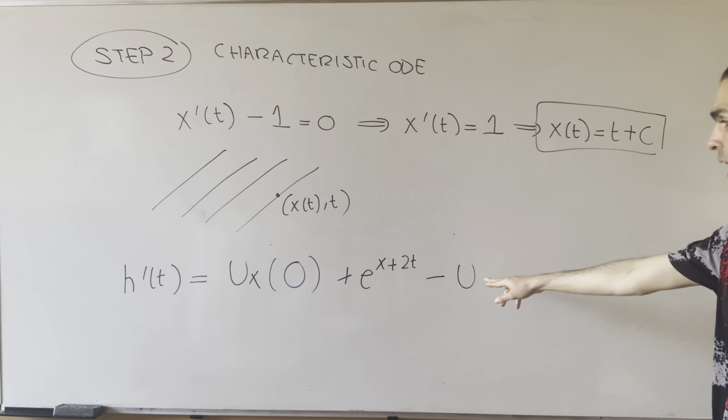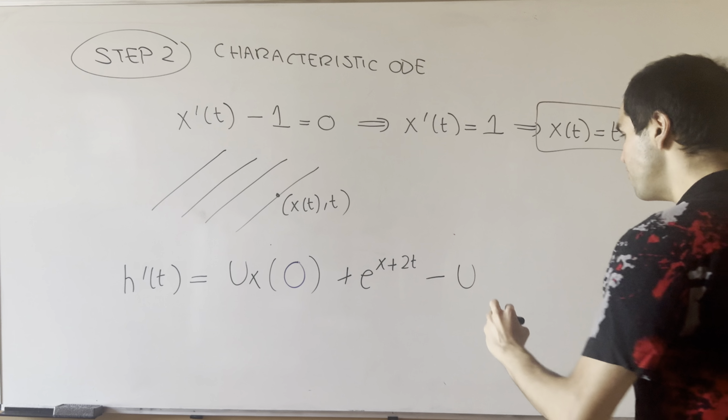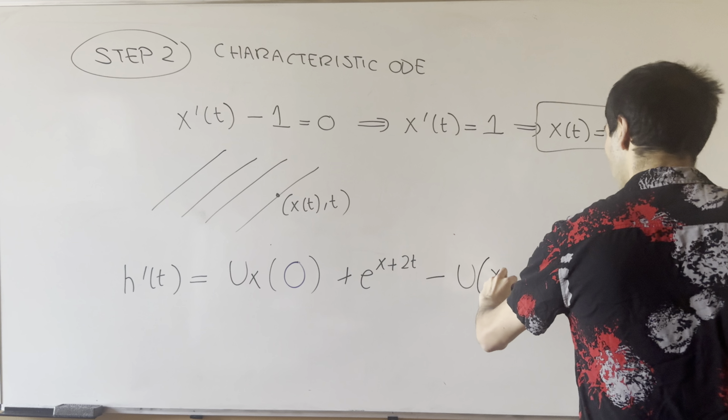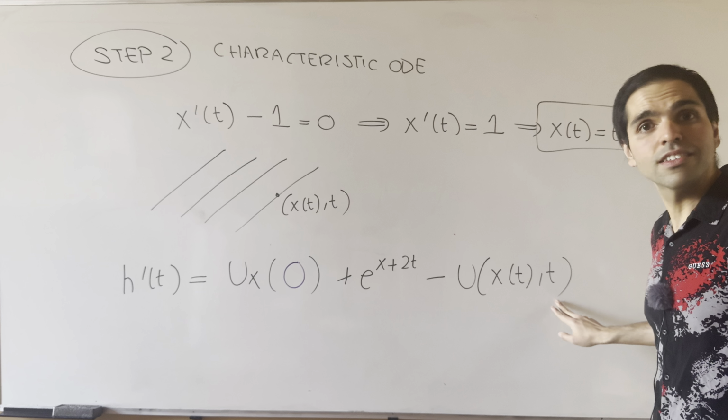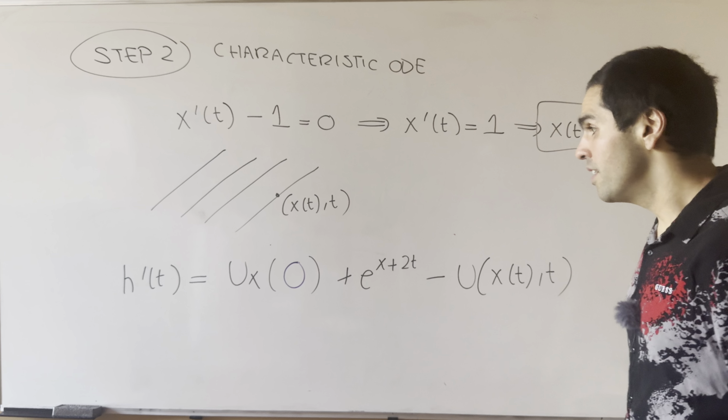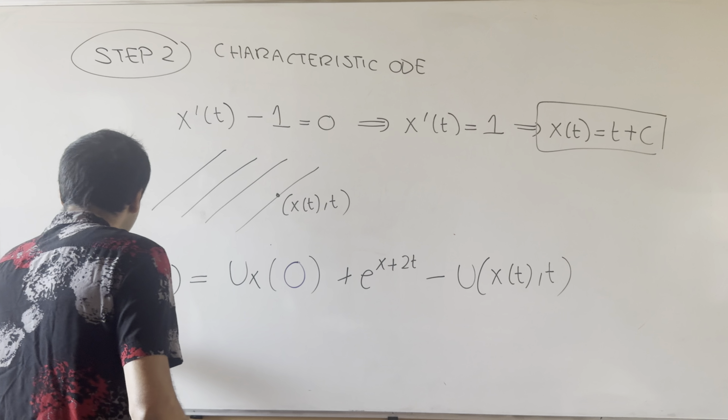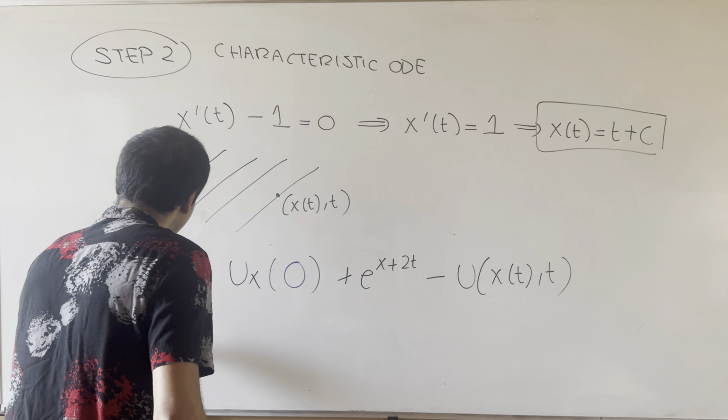But I want to remind you this u is evaluated on the curve. And in particular, by our definition, this is the same thing as h. And so we end up getting h'(t) is minus h(t) plus e^(x+2t).